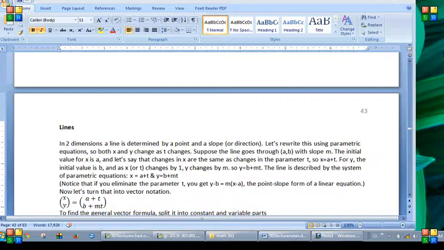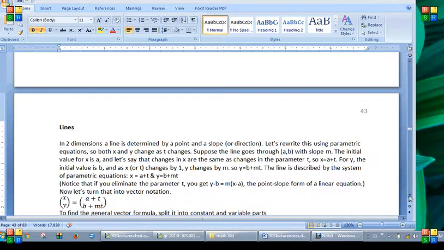Okay, well now we're going to take the next step, which is to turn that into vector notation. So in vector notation, we just pair it up, we just put vector brackets around it basically. So we get this: <x, y> equals <a plus t, b plus mt>. Okay, that's just notation. But now we're going to do something very clever using our concepts of vectors.